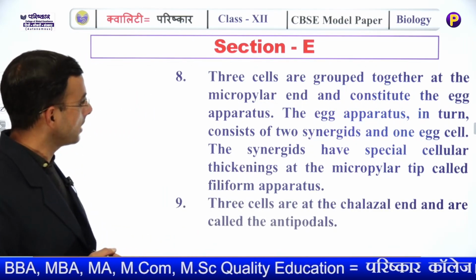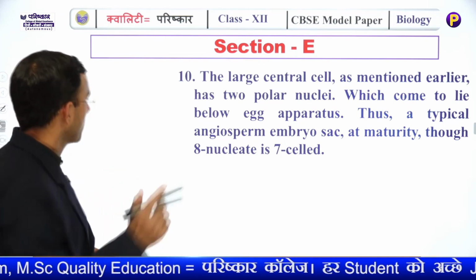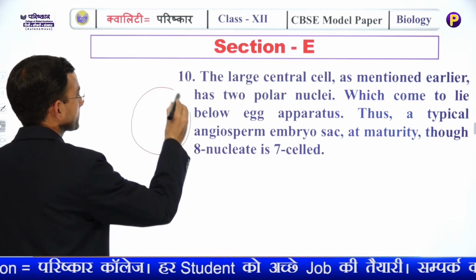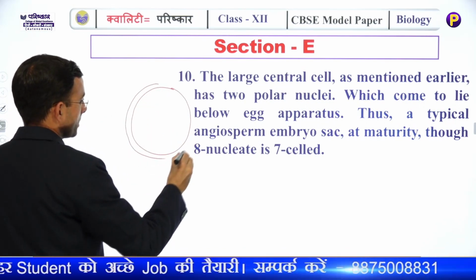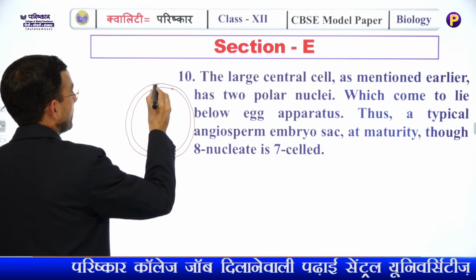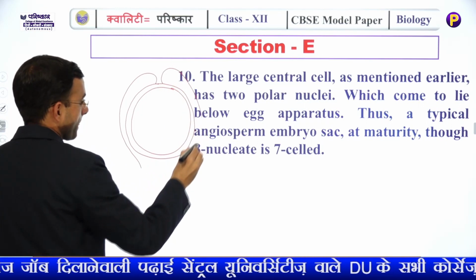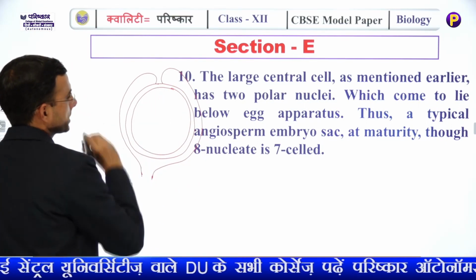So what is the ultimate organization of this embryo sac? Look, we are making the final embryo sac. This one is the megaspore, this one is the nucellar wall, and this is the covering of the megaspore, the integument. There are 3 nuclei.